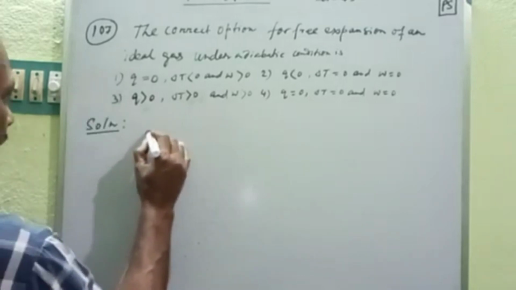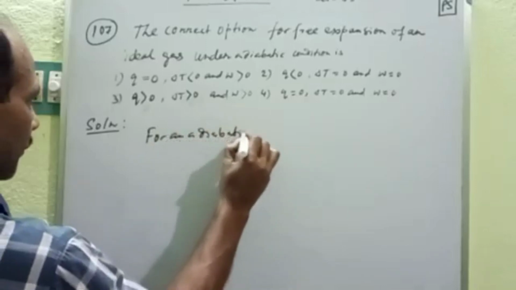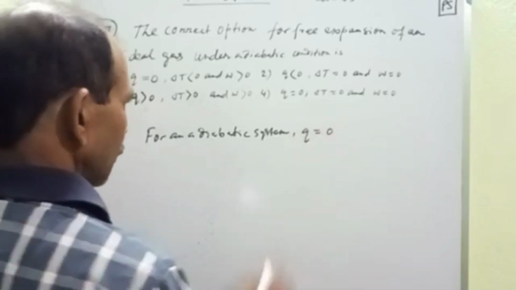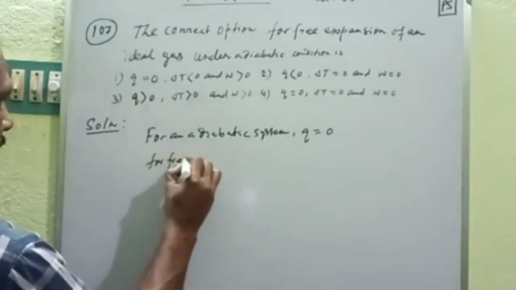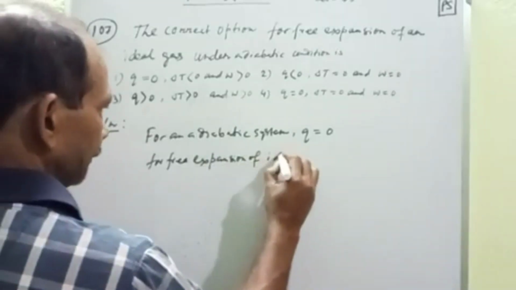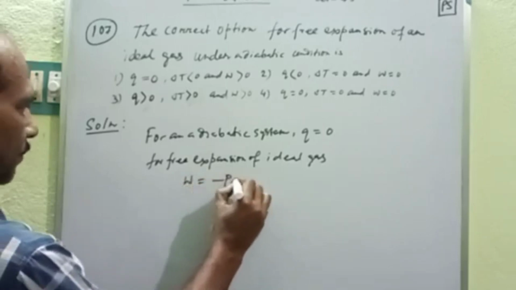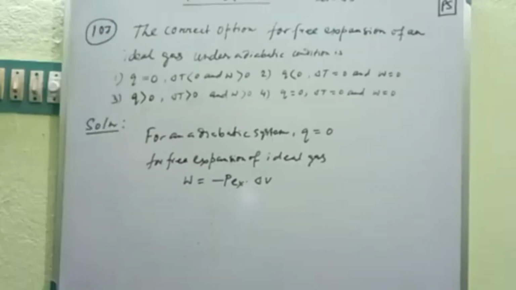For an adiabatic system, Q equals 0, and for free expansion W equals minus P external into delta V. We know for free expansion of ideal gas, P external equals 0.